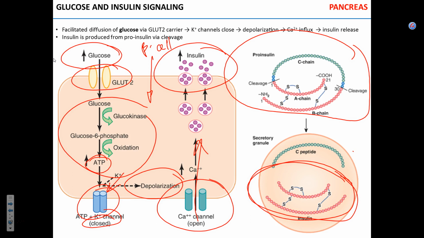It gets into the beta cell and leads to release of what? Insulin. I find this pathway extremely elegant. Okay? So basically, all these multiple steps show you that elevated glucose leads to elevated insulin.